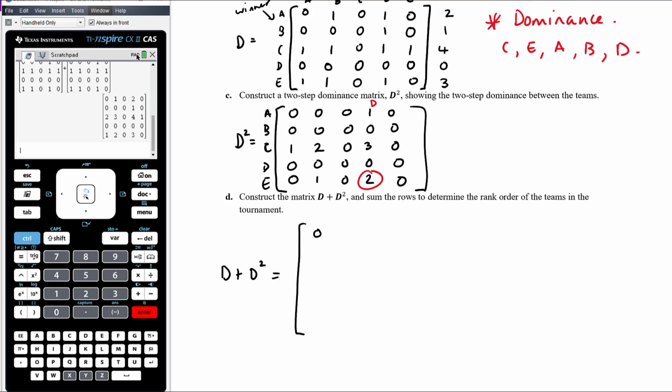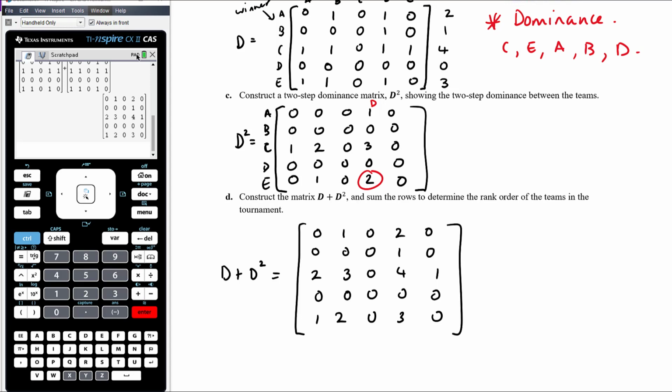So we get 0, 1, 0, 2, 0, 0, 0, 0, 1, 0, 2, 3, 0, 4, 1, 0, 0, 0, 0, 0, 1, 2, 0, 3, 0. Summing the rows, this sums to 3, 1, 5, 9, 10, 0, and 6. And so that doesn't change the order that we had from the first step.